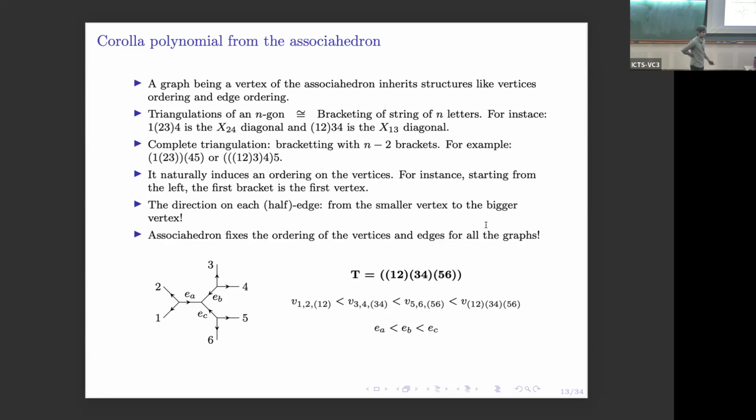You can intuitively see that this bracketing is the x24 diagonalization of the quadrilateral. This bracketing is the x13, and this example makes it clear what the bracketing is with respect to the associahedron.